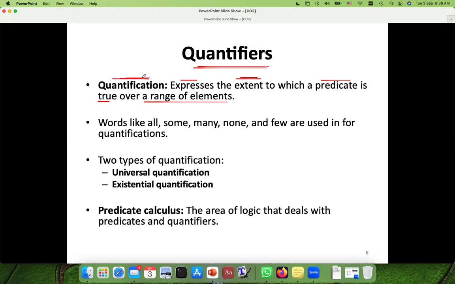Anyhow, in English, you will see these words, and all these words are for this concept of quantification. What are those words? If you see all, I want all of them. So you are saying I want all. This is the quantification concept. I want some. So some is a word also used for quantification. How much you need, how much you want. Many, I want many. So these are different words.